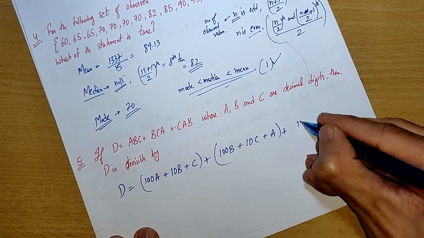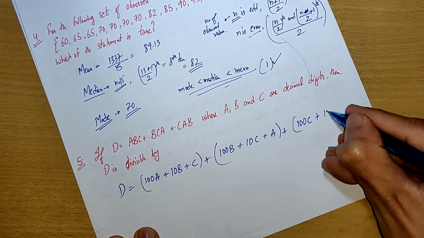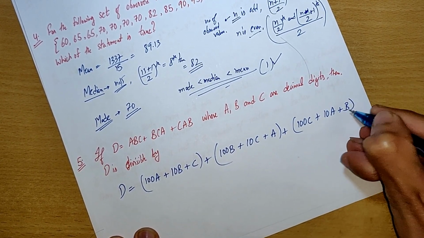You can do like this, and then 100C plus 10A plus B.